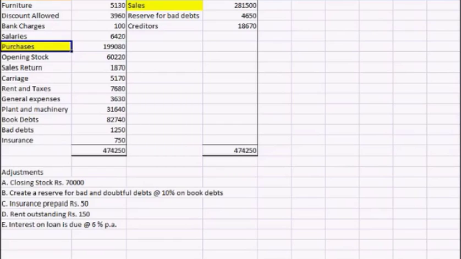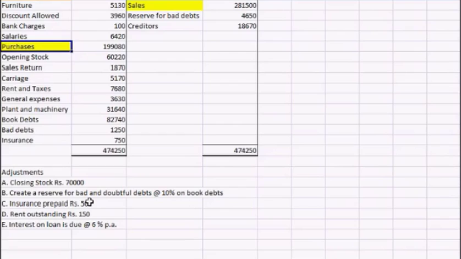Here we have closing stock that amounts to 70,000. Let us understand what would be the impact of closing stock. Now closing stock is a kind of asset.